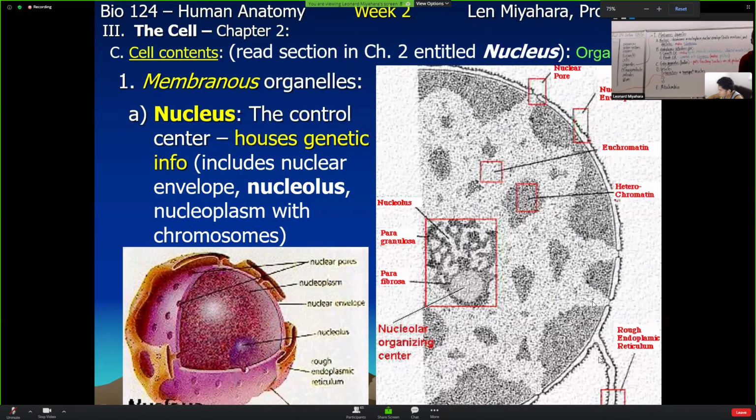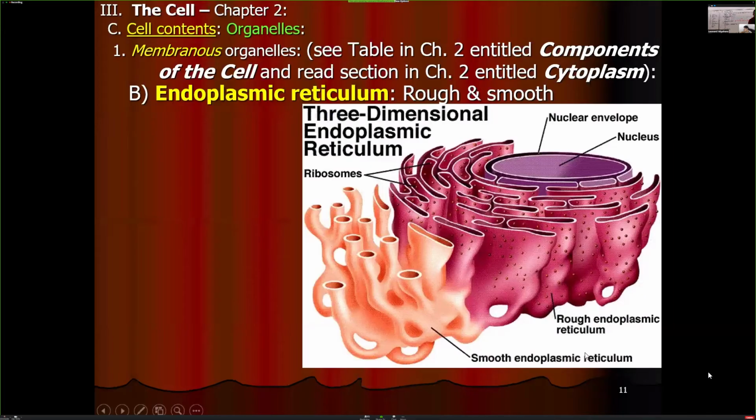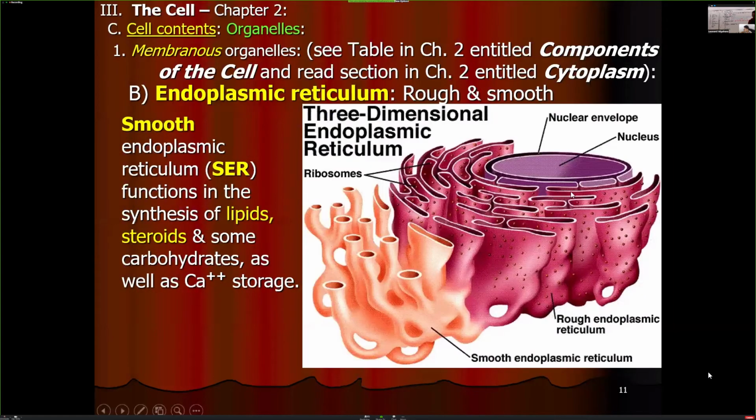Rough endoplasmic reticulum is continuous. That phospholipid bilayer is continuous with the outer nuclear envelope. Oh, there it is again. Rough endoplasmic reticulum is actually continuous with the outer nuclear envelope. Do you guys see that now? Didn't see before, huh? Okay.